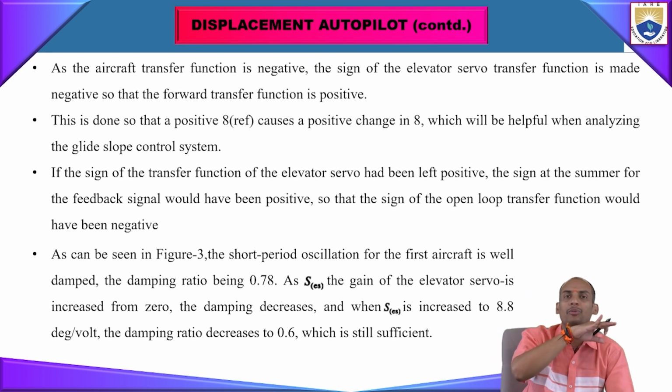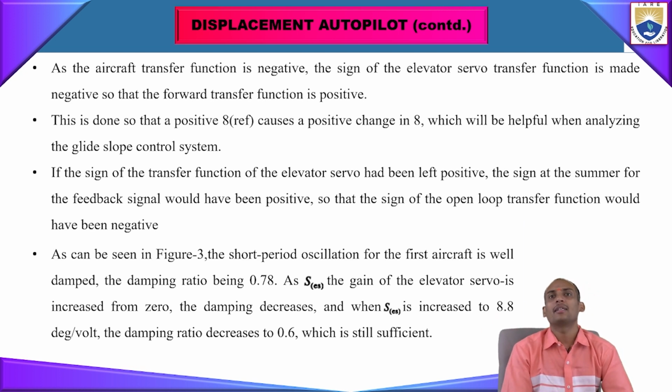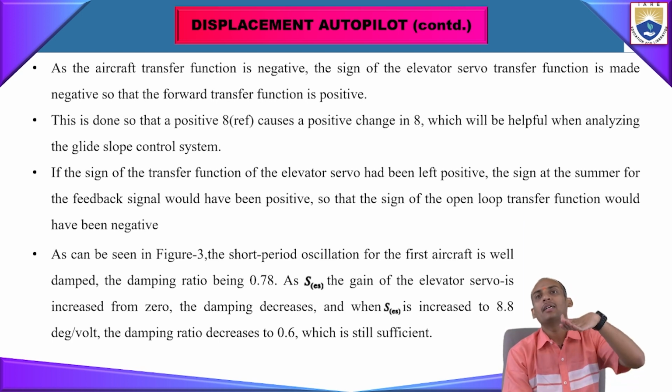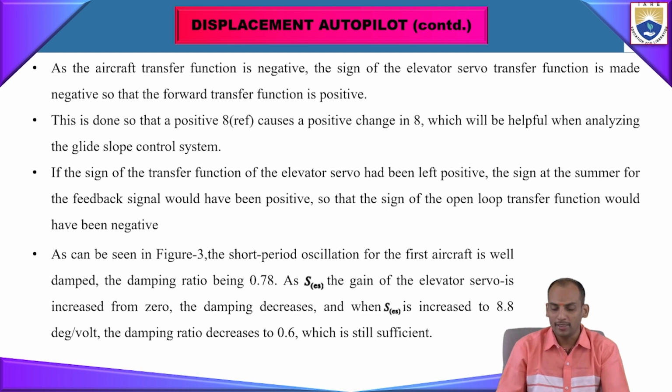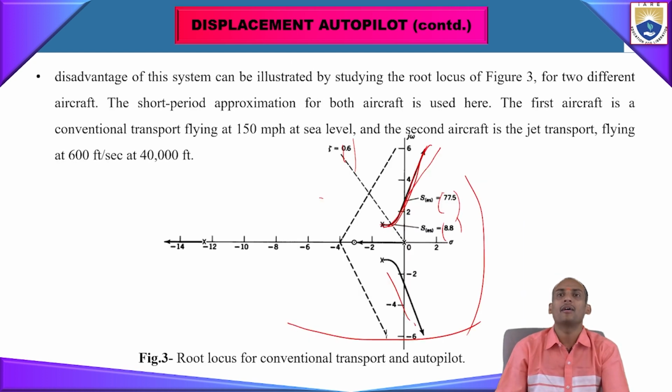In this case the short period oscillation for that aircraft is generally well damped, with a damping ratio of about 0.78. We can get the damping ratio from the values of zeta.